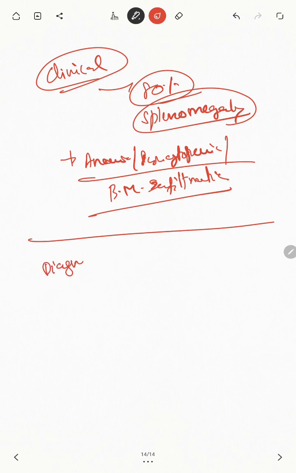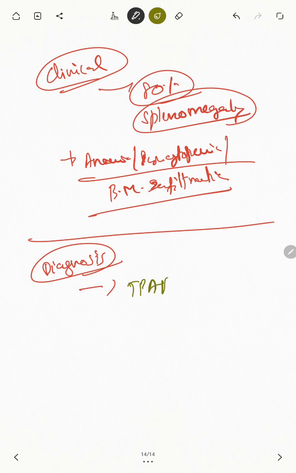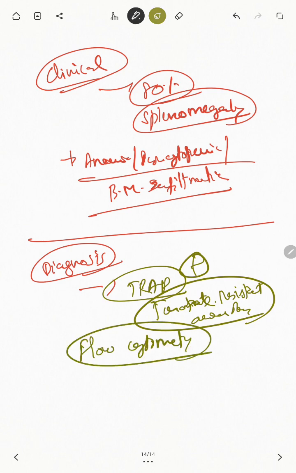The other important thing I want to discuss here is diagnosis. For diagnosis, earlier there was a role for TRAP positivity, that is tartrate resistant acid phosphatase positive, but after the introduction of flow cytometry, this test has become of less importance.